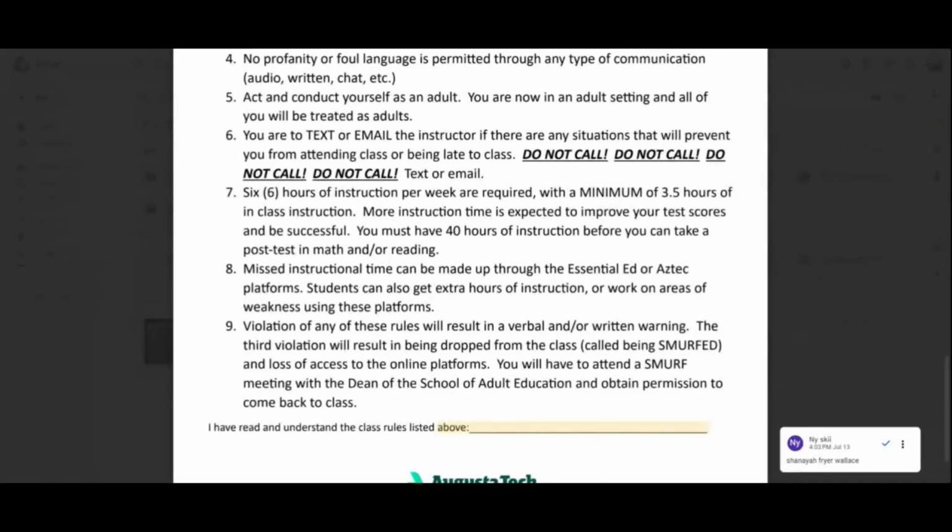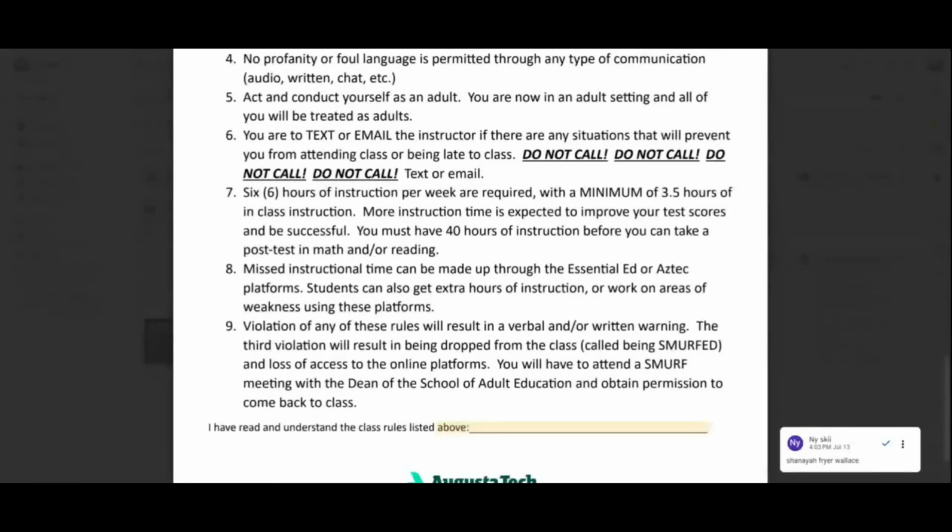And then you have to attend a smurf meeting with the dean and explain to the dean why you got smurfed and what you're going to do to keep from being smurfed in the future. And a lot of times when you get smurfed, you're out for a month, maybe 2 months. Sometimes it's 3 months before you can get back in.